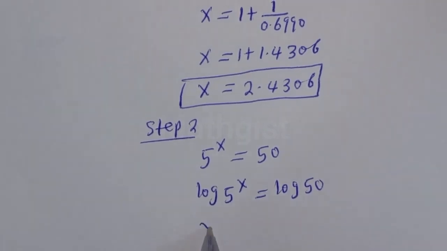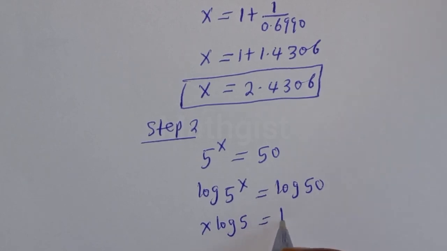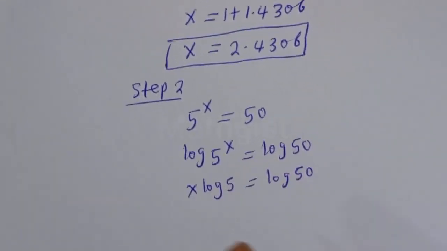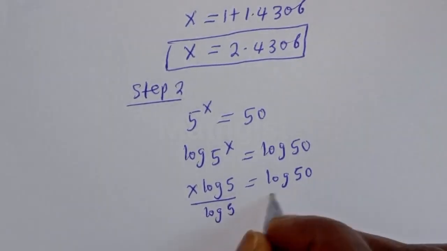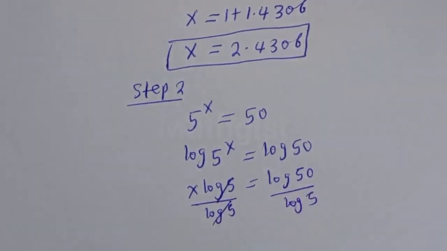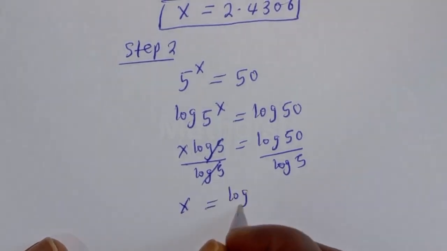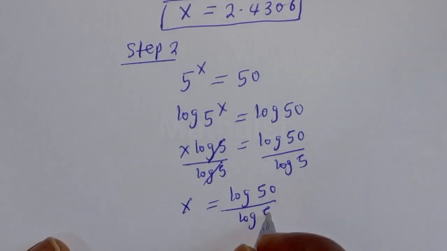Then s log 5 is equal to log 50. Let's divide both sides by log 5. This will cancel this. S is equal to log 50 over log 5.